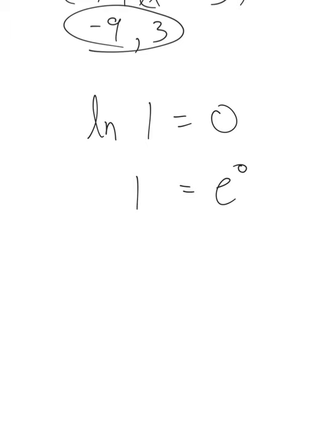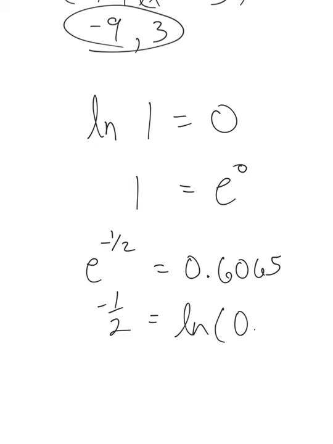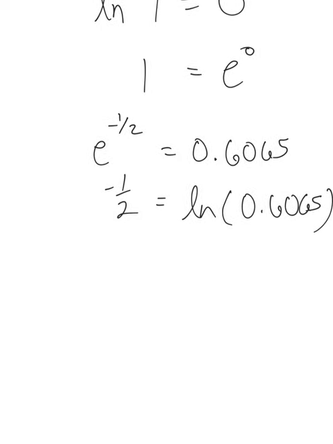So if we were given e to the negative 1/2 equals 0.6065, well, inversely we can say negative 1/2 equals the natural log of 0.6065, like so.